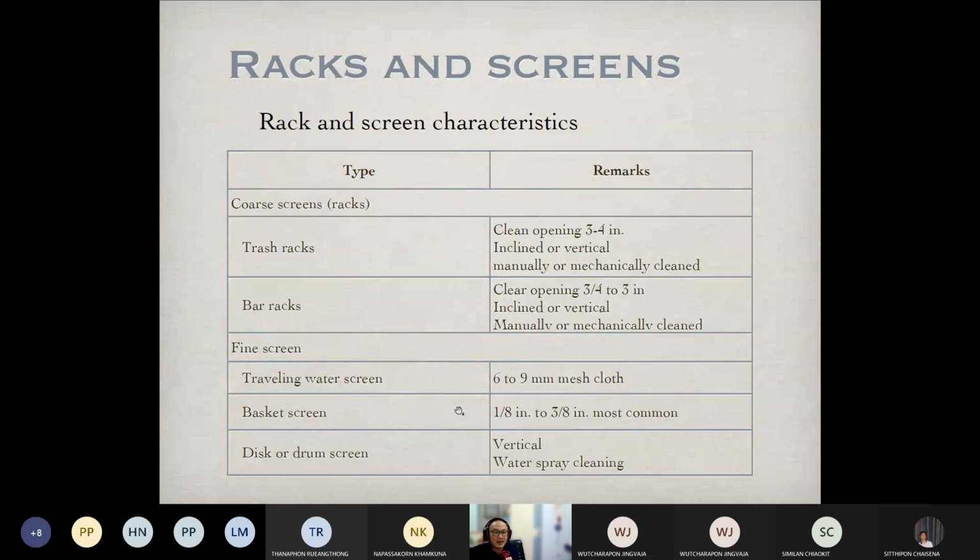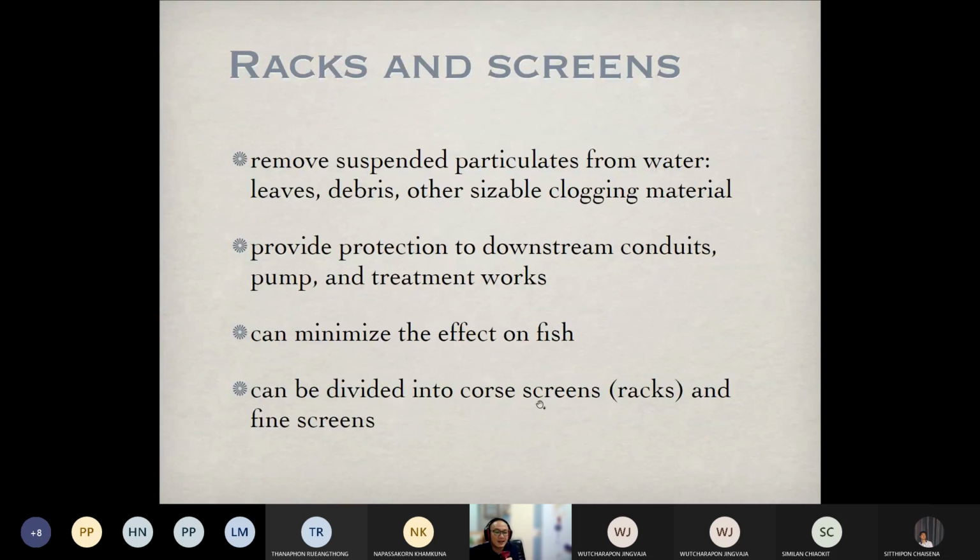We can divide it into coarse screen and fine screen. Coarse screen, or generally we call racks, means the opening pitch is quite large, like 5 centimeters or even larger. So this is a kind of coarse screen.